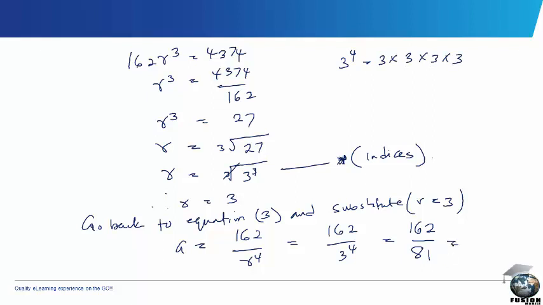So 162 divided by 81 will give you 2. Therefore r is equal to 3 and a is equal to 2.